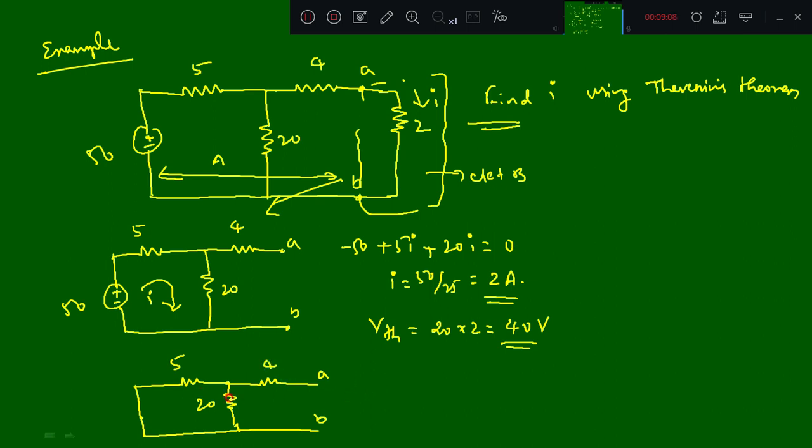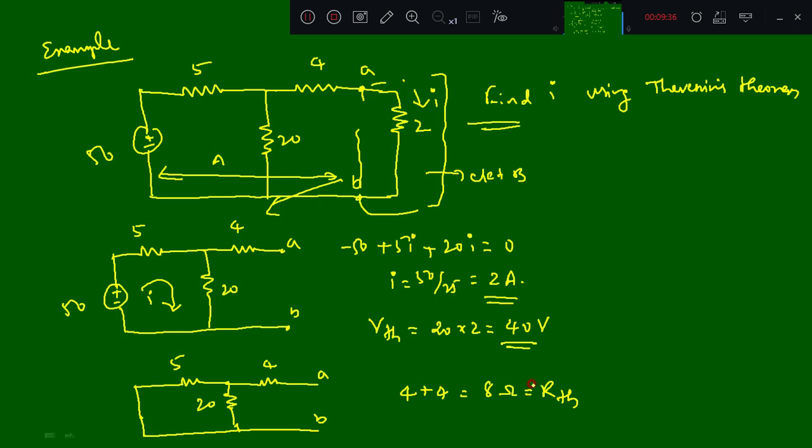The 5 ohm and 20 ohm are in parallel, so 20 times 5 divided by 25 gives 4. Then 4 is in series with 4, so 4 plus 4 gives 8 ohms. This is RTH.